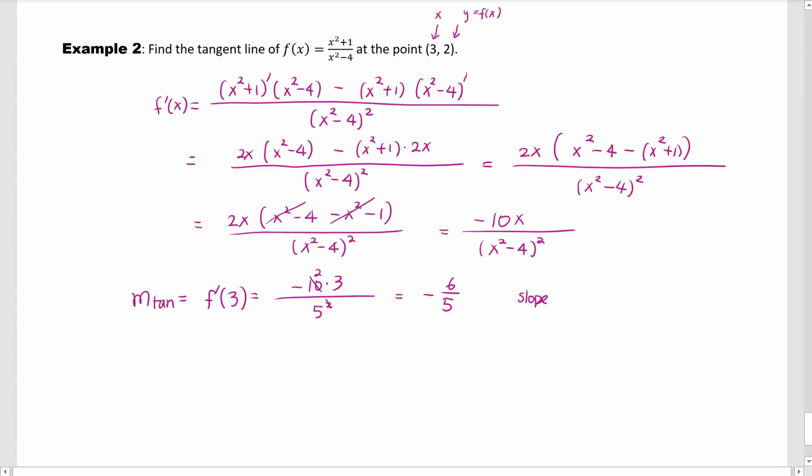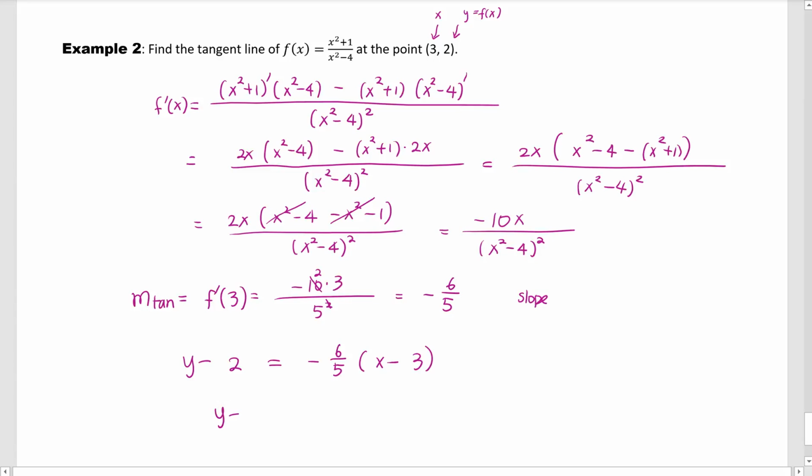Then what is the tangent line equation? y minus the y coordinate. Well, here the y coordinate is 2, but if the y coordinate is not given, then you need to plug the 3 into our function f to find f of 3. That's the y coordinate of the point. So that equals the slope, −6/5, times (x minus the x coordinate, which is 3).